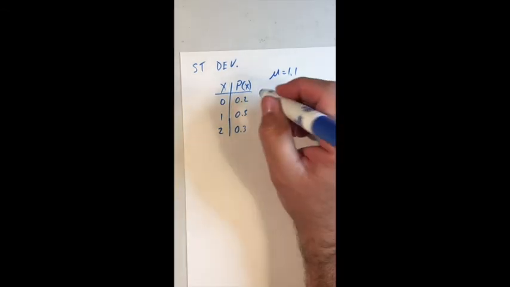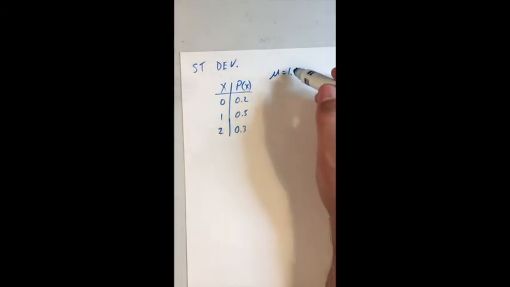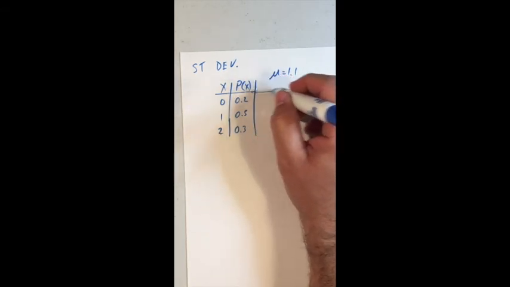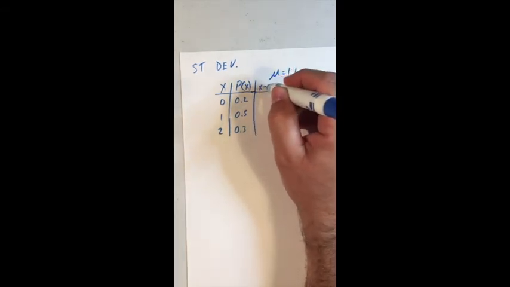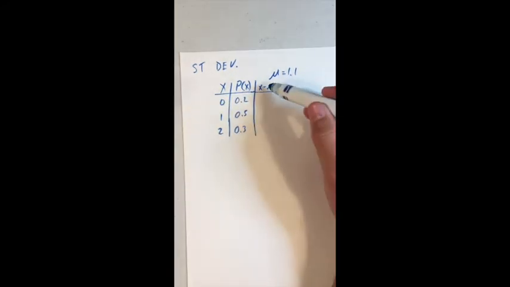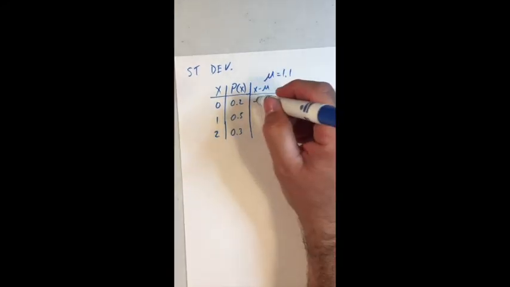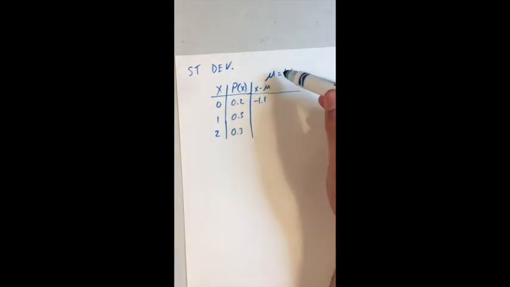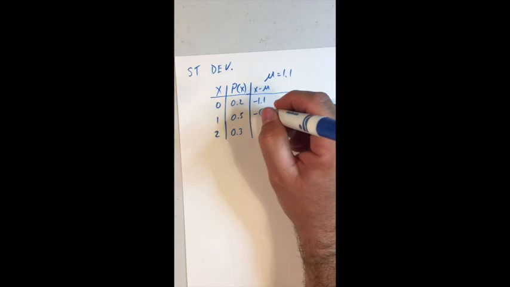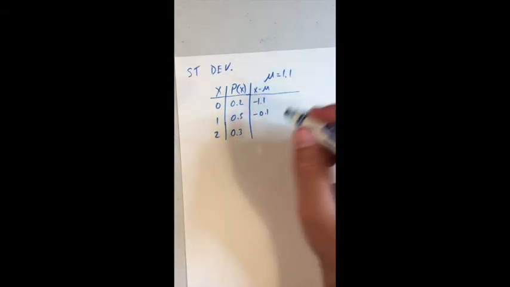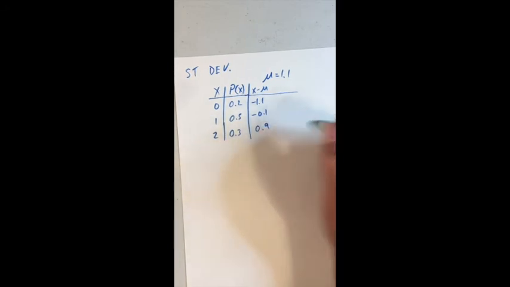We already know mu, so the first thing we're going to do is add a little column here that's x minus mu. So x in this case is 0, 0 minus 1.1 is negative 1.1, and then 1 minus 1.1 would be negative 0.1, and then 2 minus 1.1 would be positive 0.9.